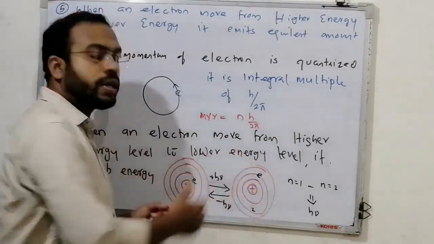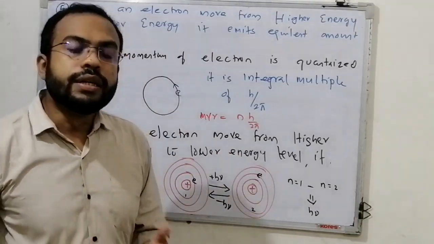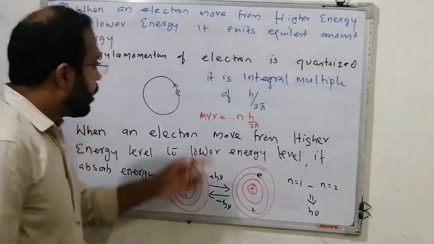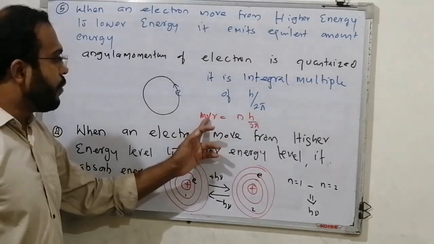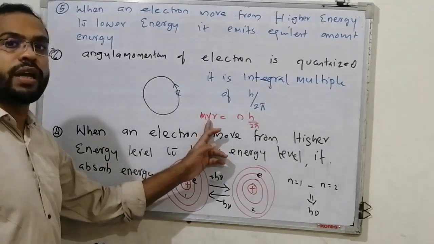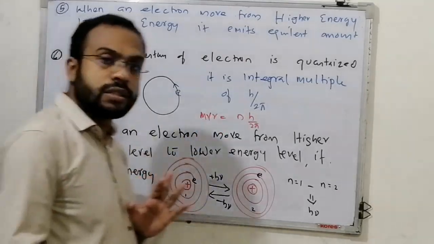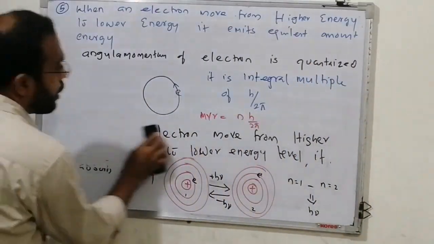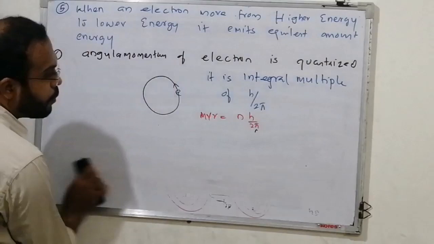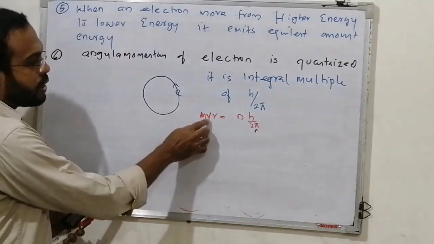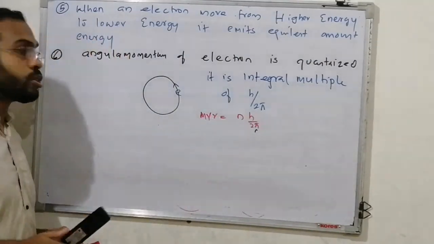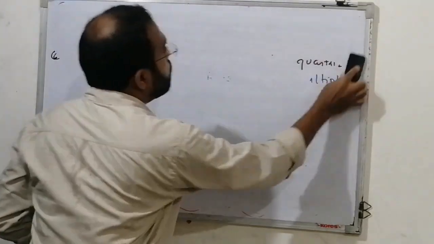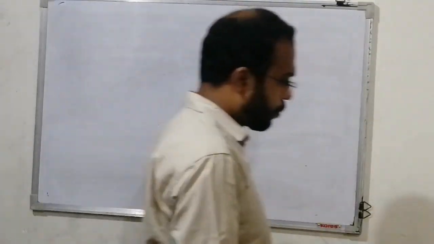When it moves from here to here, angular momentum decreases. Look at v, velocity. Therefore velocity is also quantized, and radius is also quantized. If angular momentum is quantized, velocity and radius are quantized. These are the important Bohr postulates.